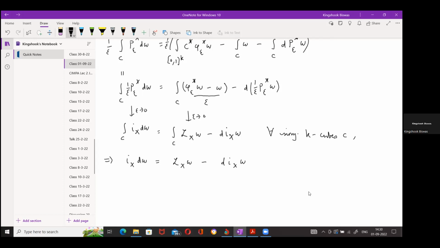Sometimes this is called Cartan's infinitesimal homotopy formula. Okay, does this make sense?